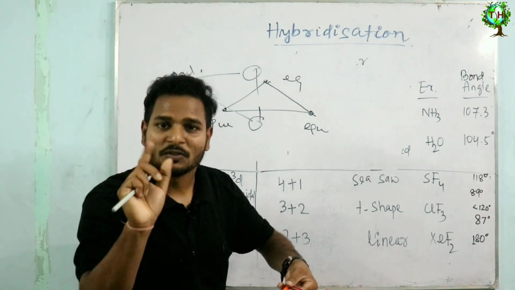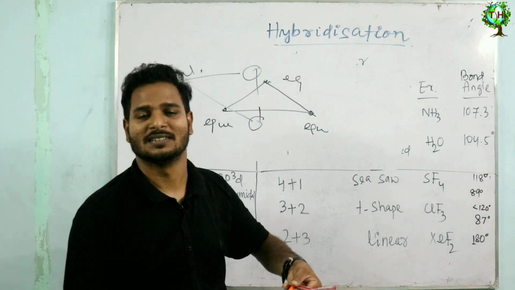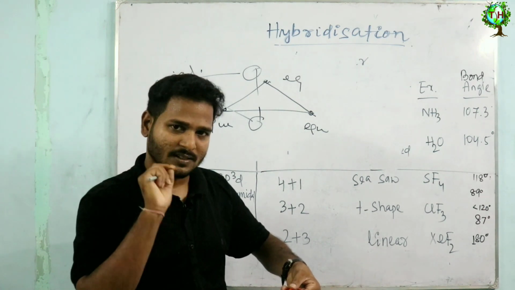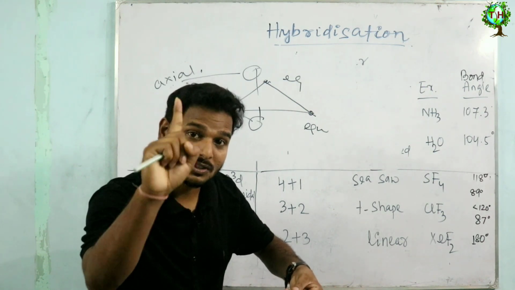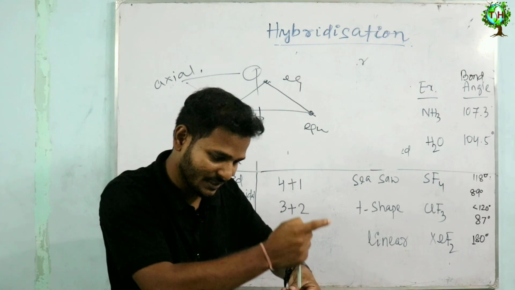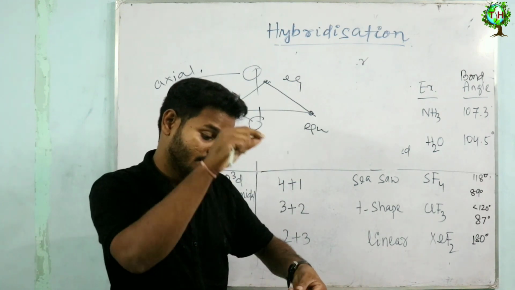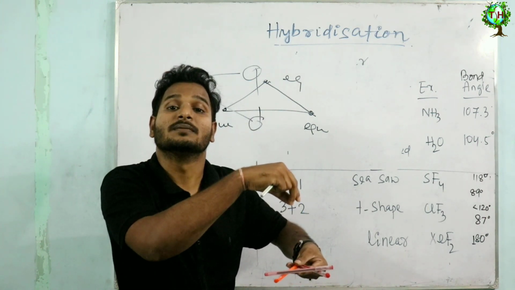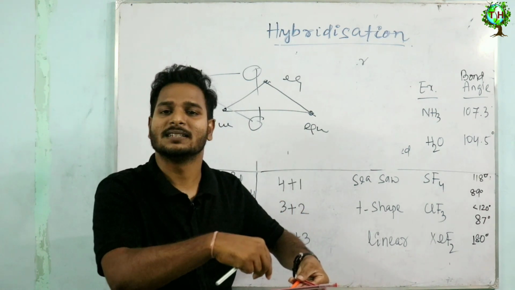So what do you think? When a lone pair is placed in the equatorial position, it suffers less repulsion because for the equatorial position it is 120, and only for one axial position it is 90. When the lone pair is placed in the axial position, it suffers more repulsion because here it is 90, here 90, here 90.